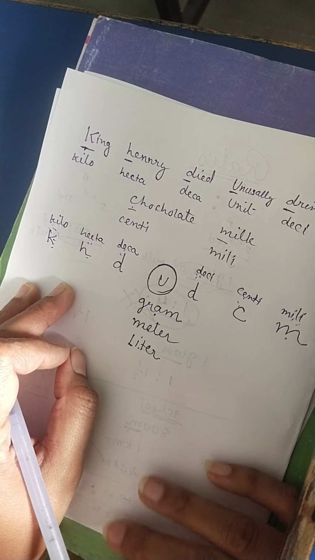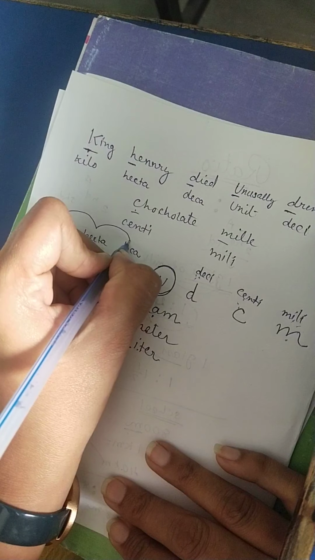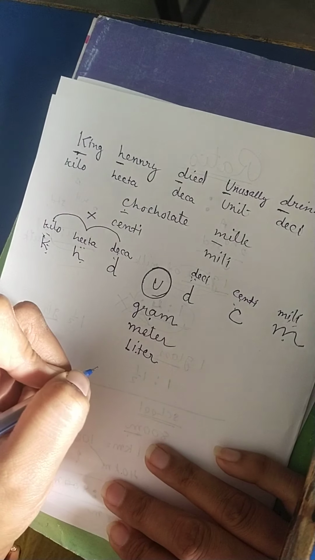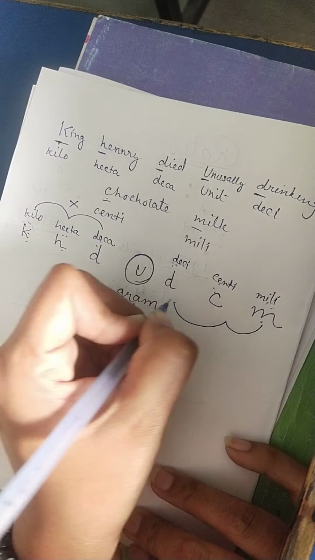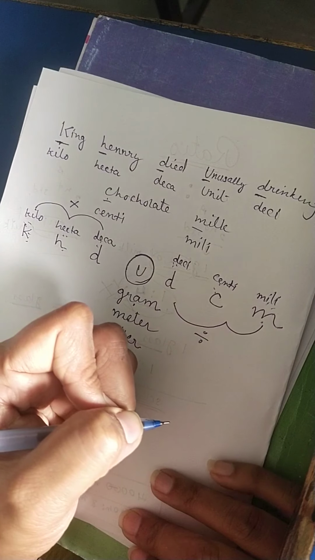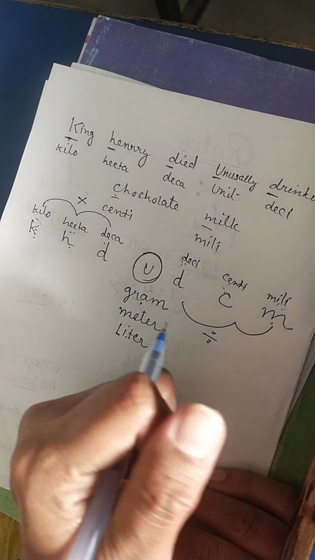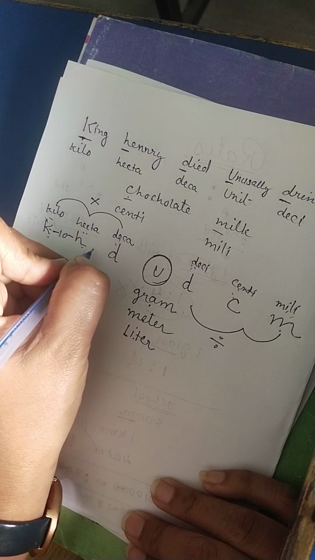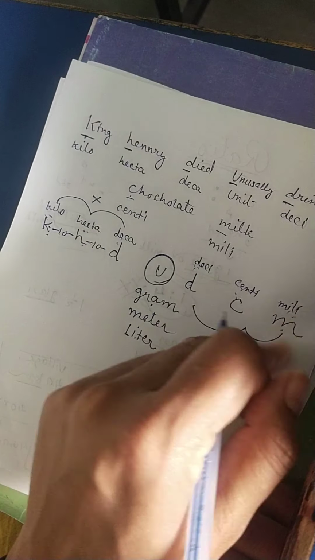So remember, when we are moving big to small, we multiply. When we are moving small to big, we divide. What is the distance between two units? This distance is 10. Everywhere the distance is 10.